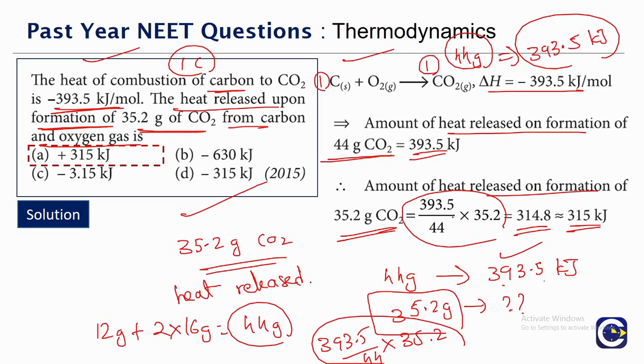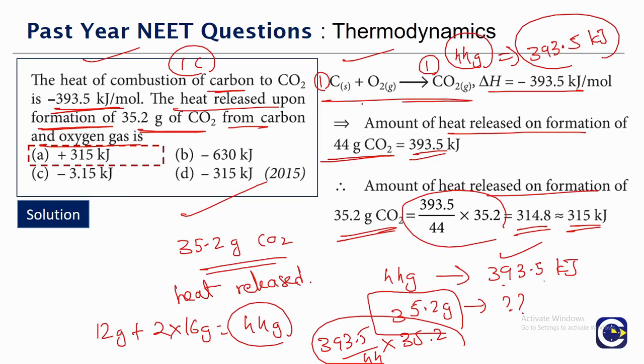Like always, in thermodynamics problems we have to be careful with the sign part, plus or minus, because you see option A gives plus 315 and option D gives minus 315. We have to be careful because when 44 grams of CO2 is formed, the energy is released. Why are we saying energy released?